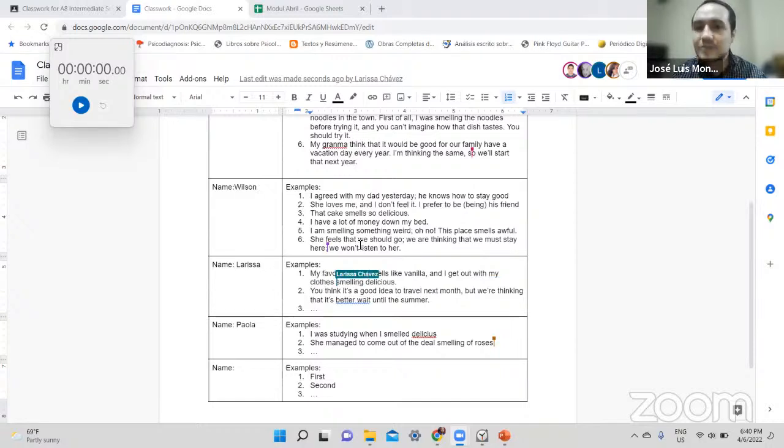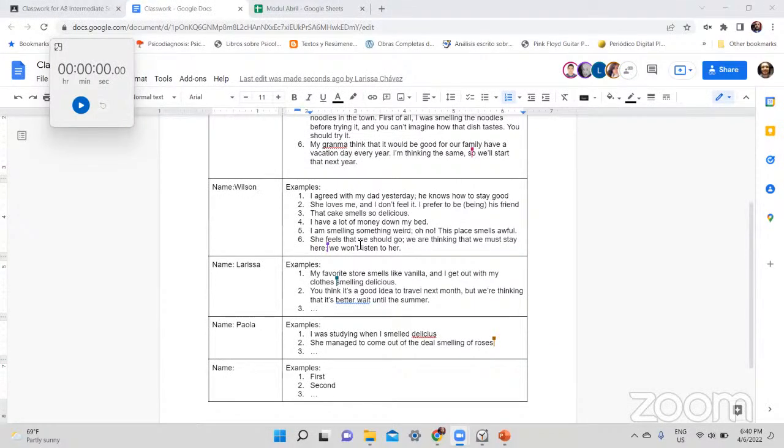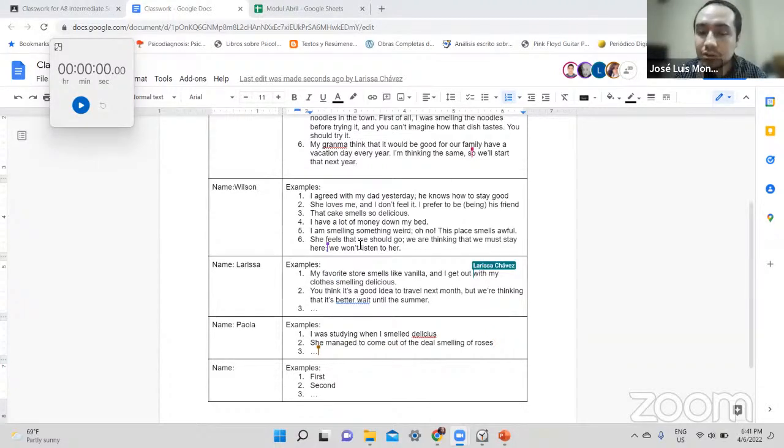So I think it's very interesting how you're connecting the two ideas. In number 5 is very good. I can see the connection, right? You are smelling actively, and then the place smells, and that's a state, right? Very good. Then you have she feels. It means she believes, she thinks. She has a bad feeling. Exactly. And in the other one, I just have one thing. Here, they are not correcting this, Wilson, but I will ask you something.